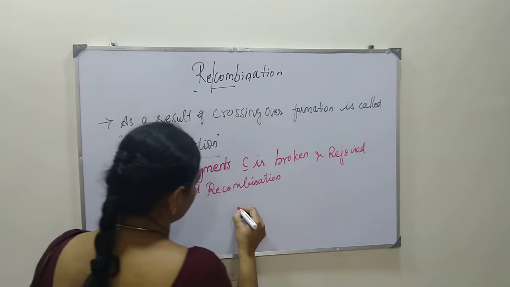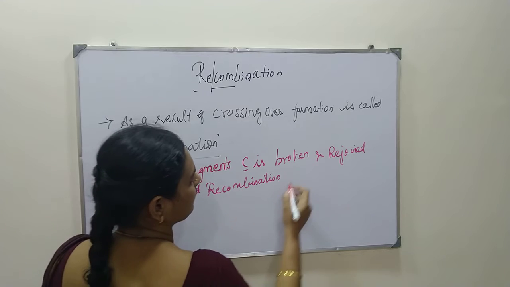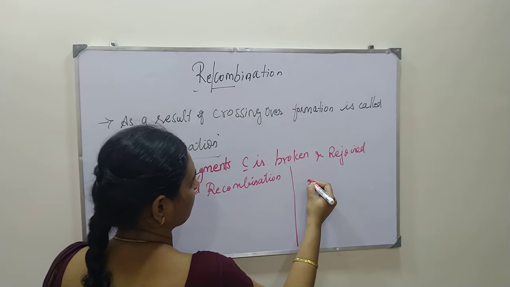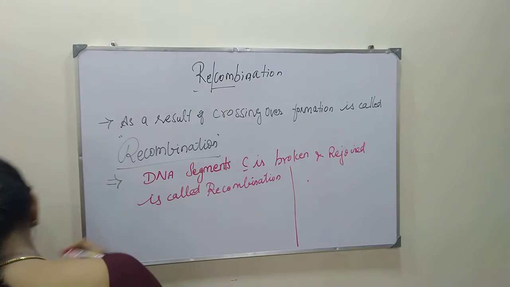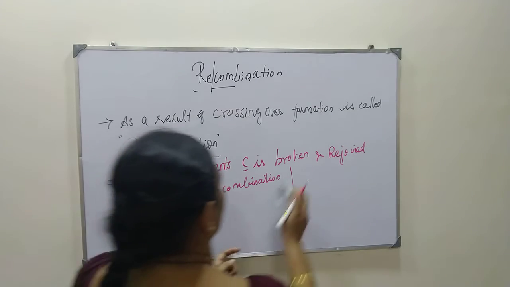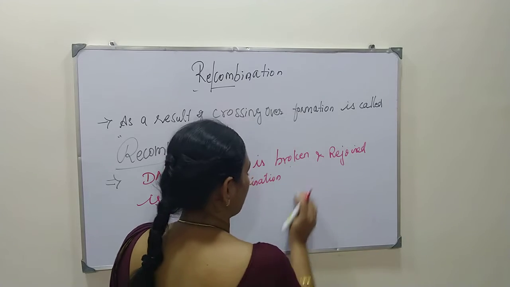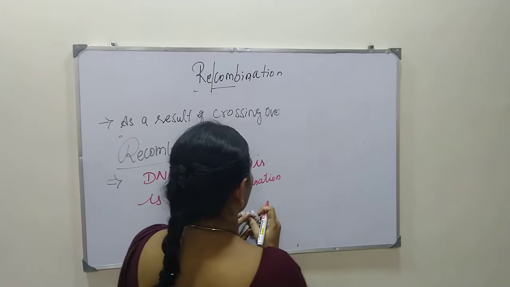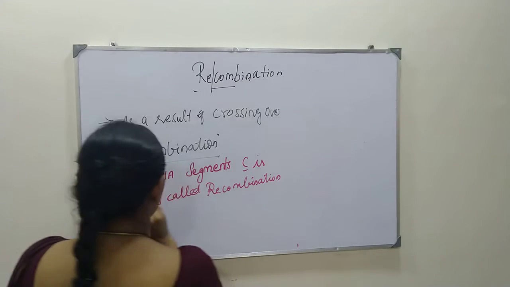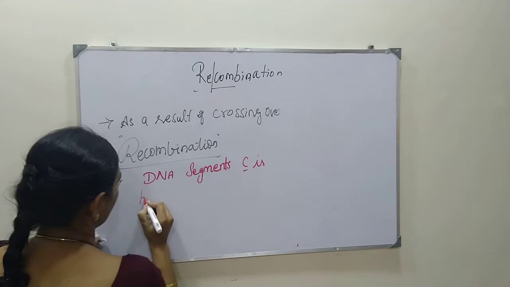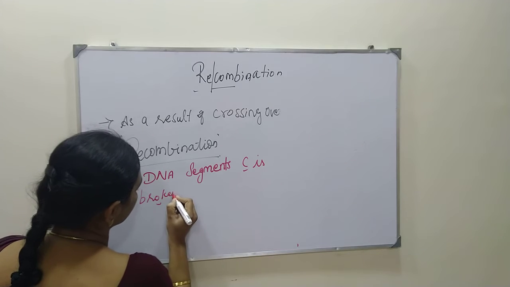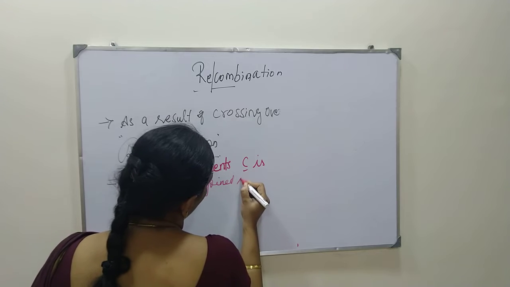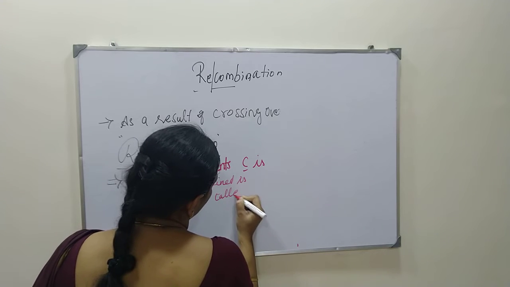Example: broken and rejoined is called recombination.